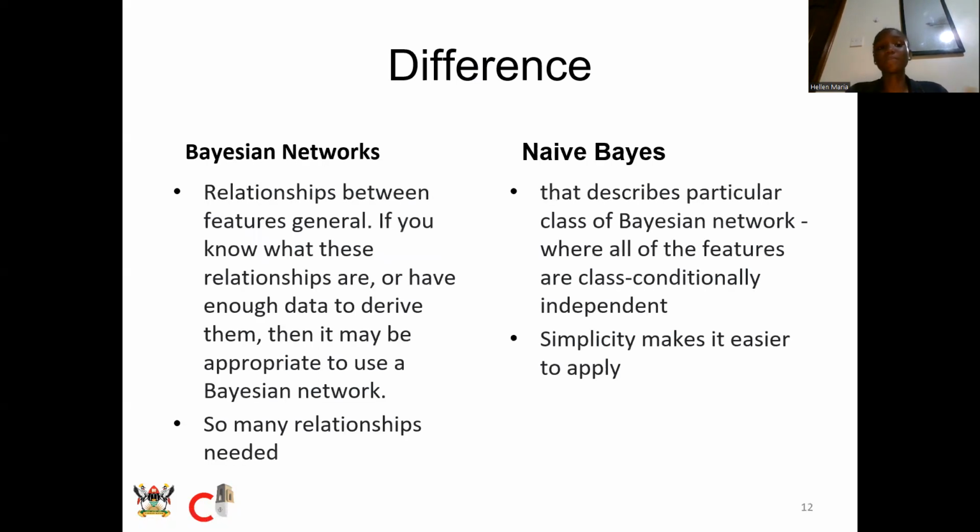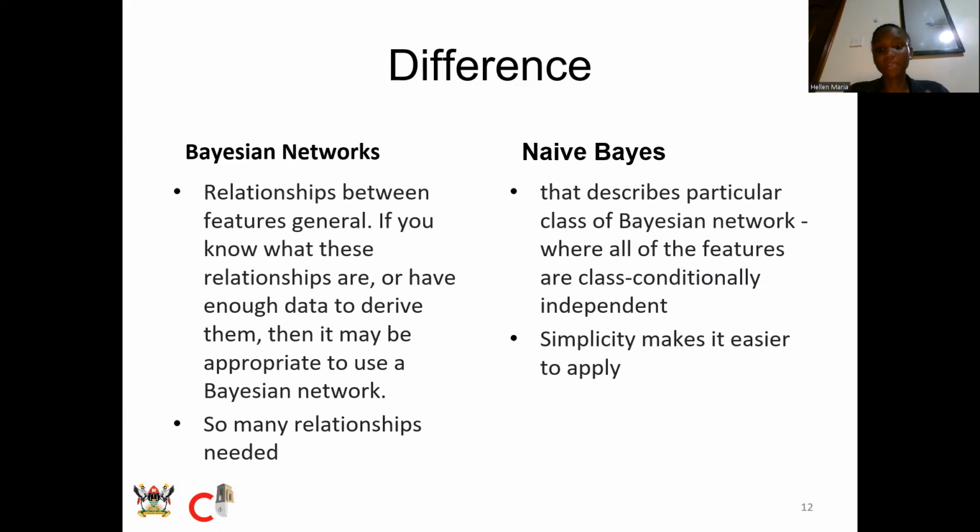And then we have the difference between the Bayesian networks and the naive Bayes. As we already know, in naive Bayes, the features are independent. But as we saw in the Bayesian networks, there is that relationship between the different features. For the dog to bark, it should have rain. So for us to have a color, it should be this length. There is that relationship between nodes, and naive Bayes is a subset of the Bayesian networks. It's that subset where the features should be independent of each other.